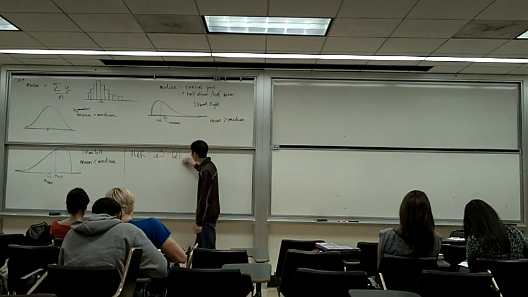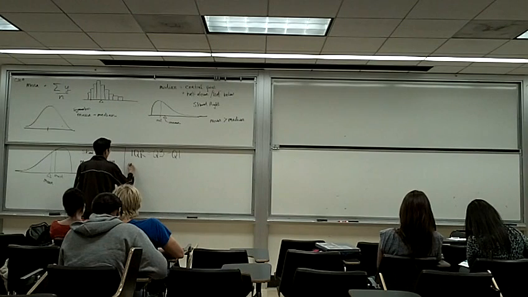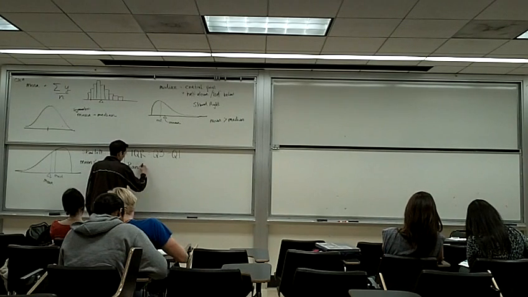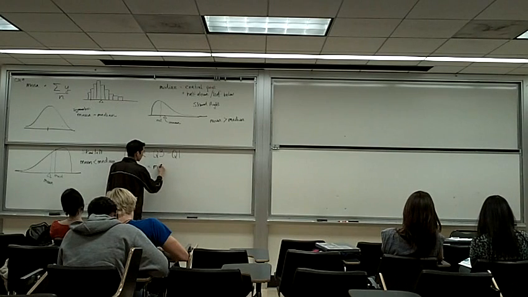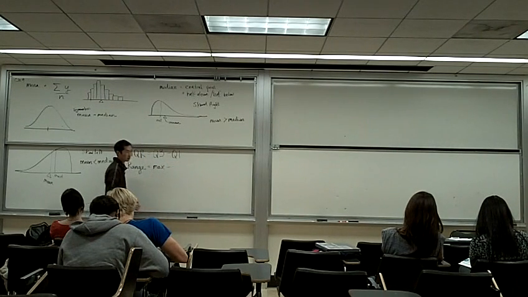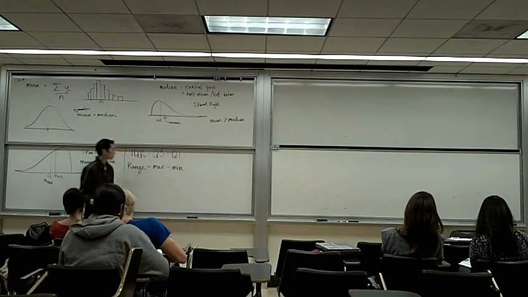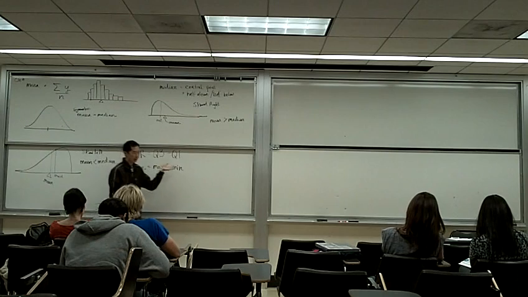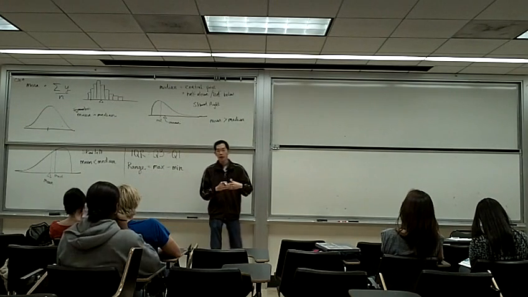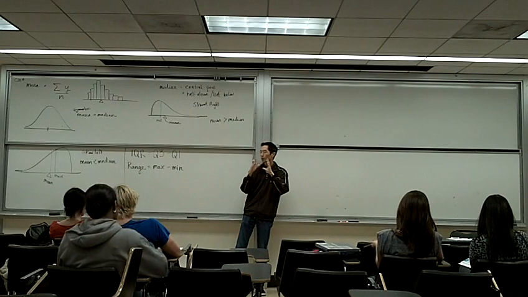I didn't talk about the range itself, but the range is a very simple concept. This is the largest point, or the maximum, minus the smallest point, or the minimum. And so these are measures of spread.